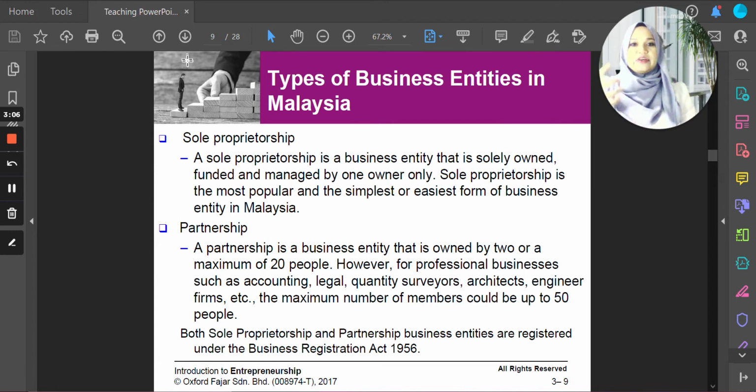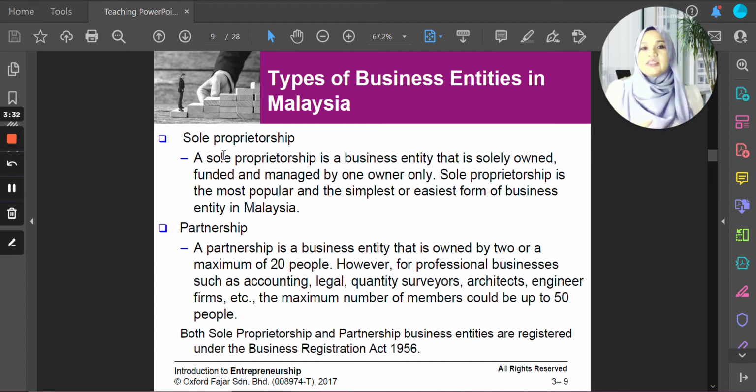Let's first look at the first type of business entity in Malaysia, the sole proprietorship. A sole proprietorship, from the name itself, is solely owned by one person who funds the business by himself or herself. It is the most popular, simplest and easiest form of business entity in Malaysia.